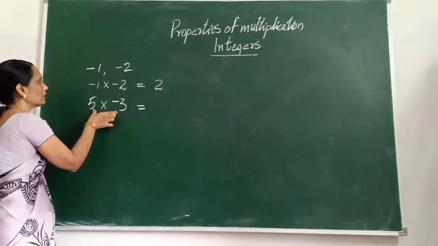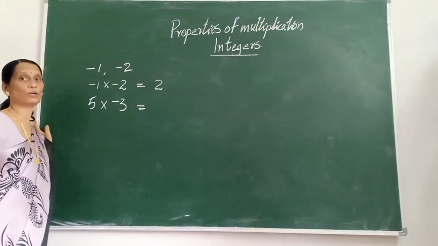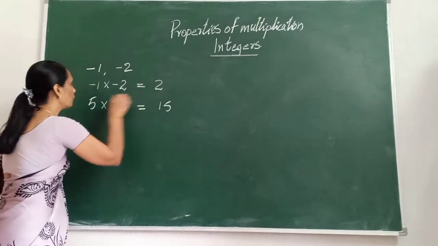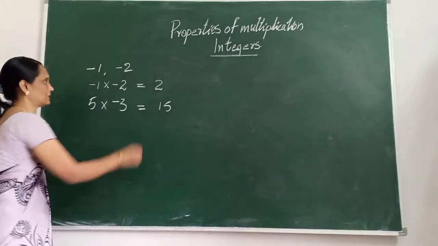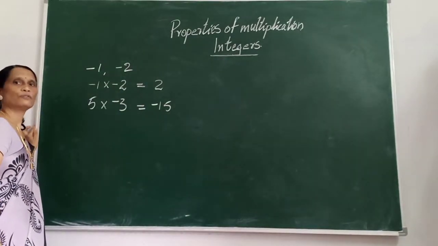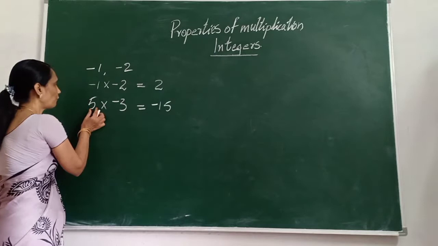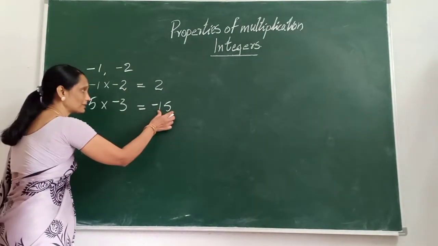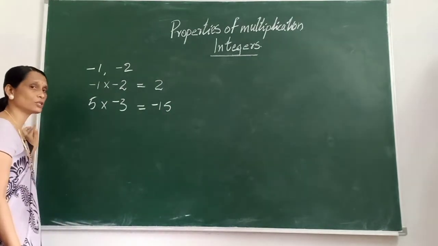I am going to take a positive number and a negative number. So here 5 threes are 15, right? So positive into negative, we know that is a negative number. So we got the answer as negative 15. So you see 5 is an integer, minus 3 is an integer. The product minus 15 is also an integer only.